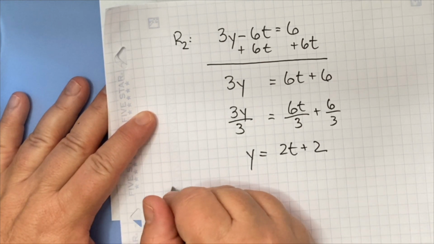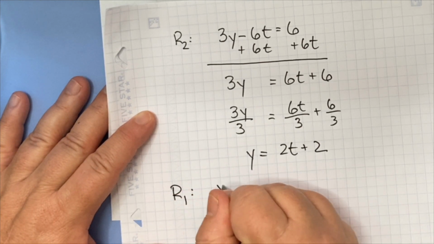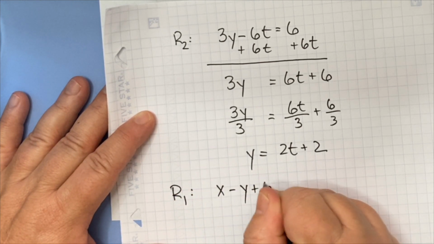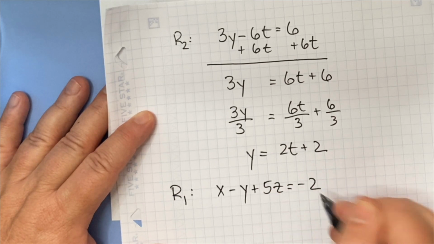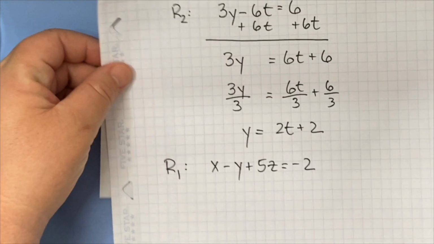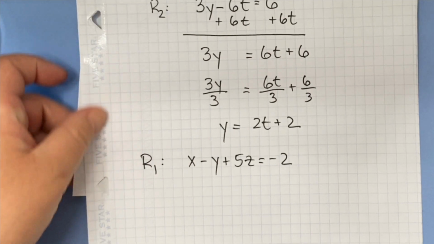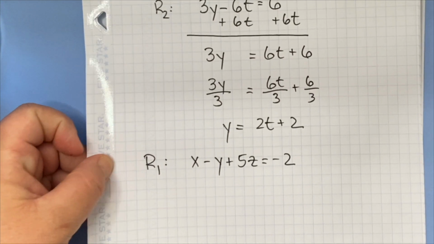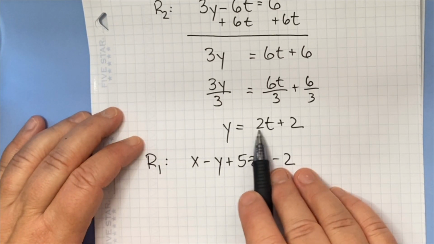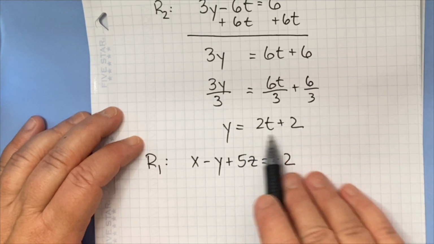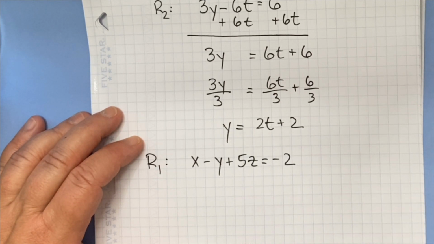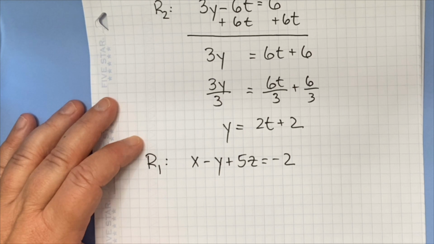And then row 1, and this is just like if we had found out that z equals 5, we'd be doing the same work, except instead of getting expressions like this, we'd be getting numbers. So it's the same thing, except instead of a number, we're using t.